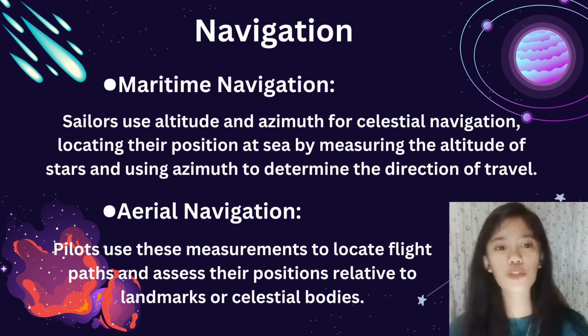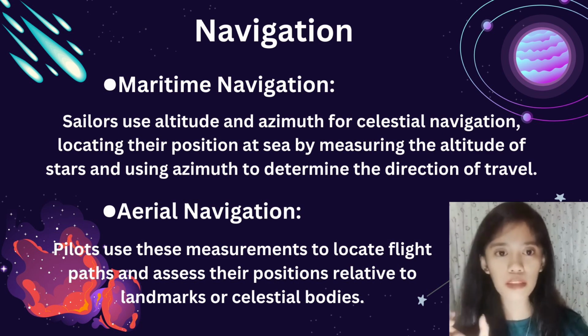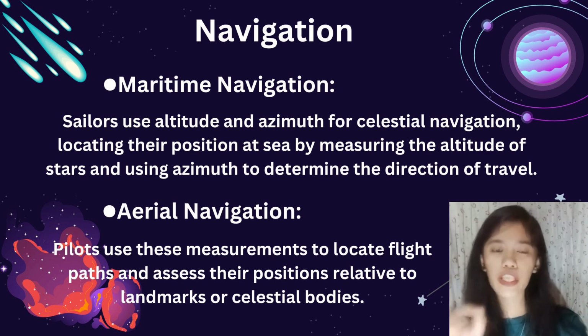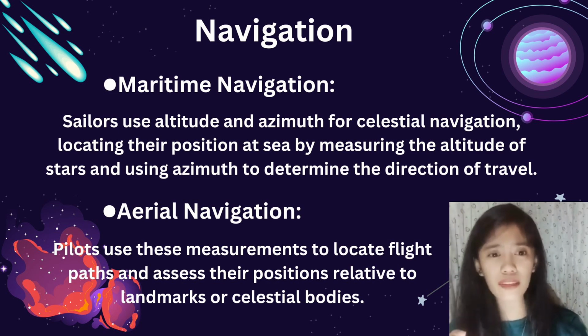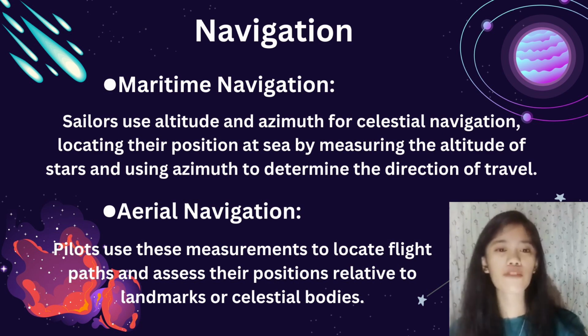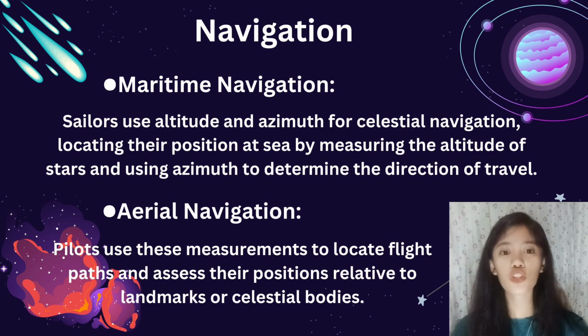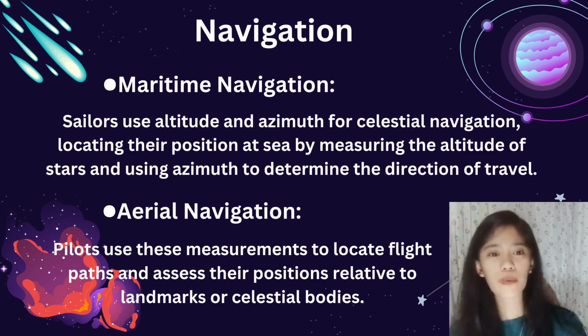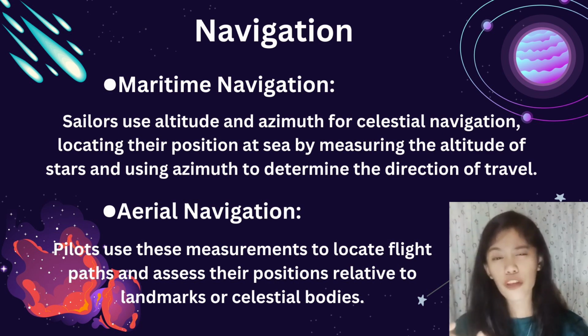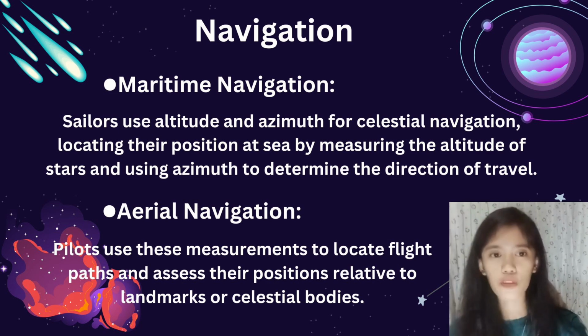Altitude and azimuth are indispensable measurements in map making and surveying, particularly in creating topographic surveys that accurately depict land features. These measurements facilitate the accurate determination of position, shape, and elevation on maps, enabling surveyors to provide reliable and precise geographic information.